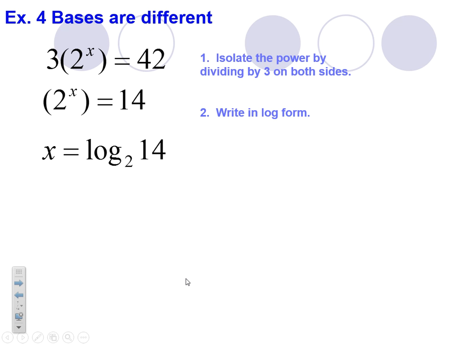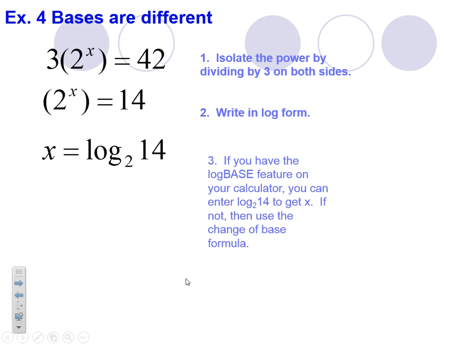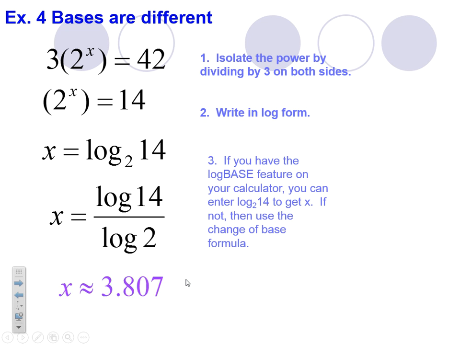At this point, we will use our calculator. Again, if you have the log base feature, you can go ahead and enter in log base 2 of 14 to find the value of x. If not, then you will need to use the change of base formula. And x is approximately 3.807, and of course, please do a check.